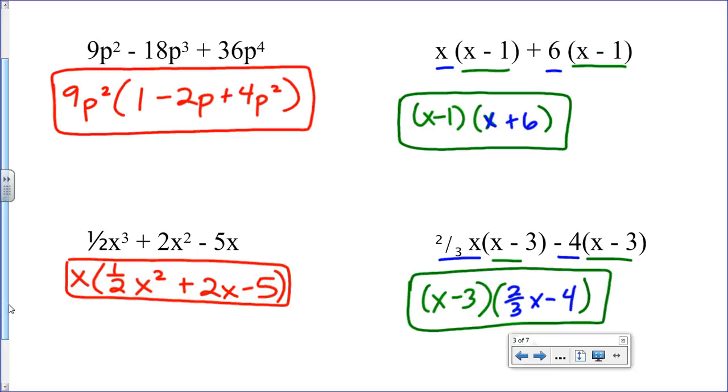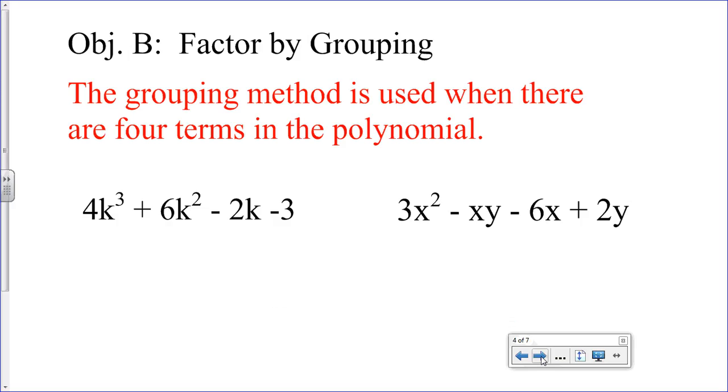Okay, so we're going to use that now when we factor by grouping. So notice that it says the grouping method is used when there are 4 terms. So if we're going to factor a polynomial with 4 terms, the way we're going to do that right now is by grouping.